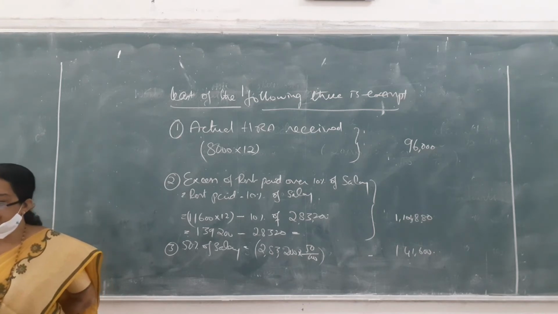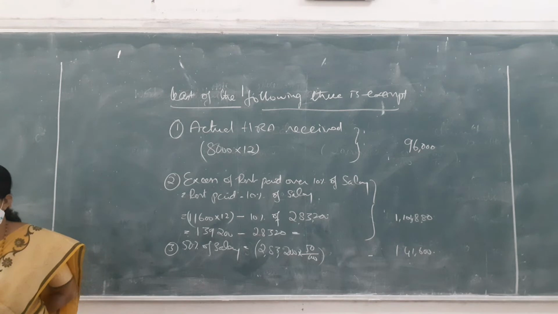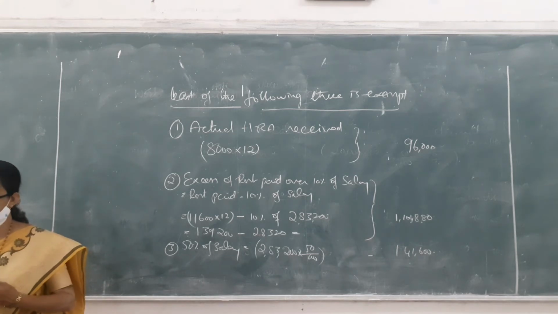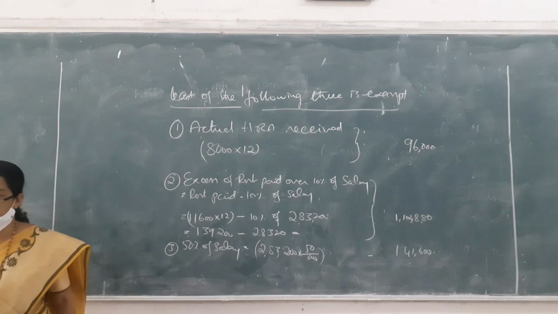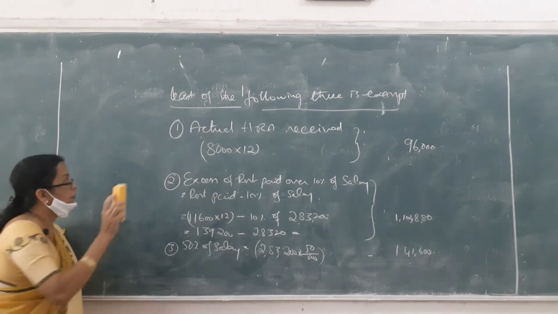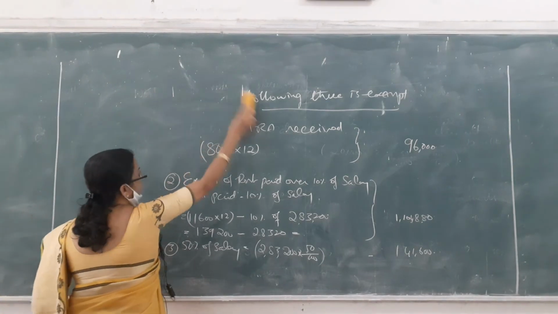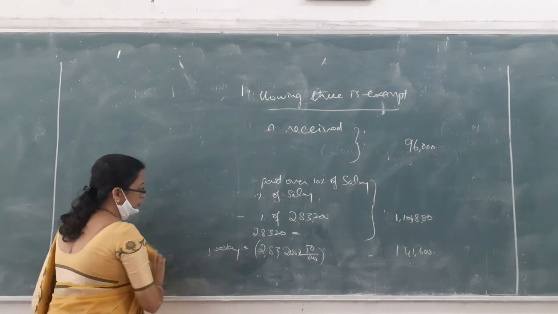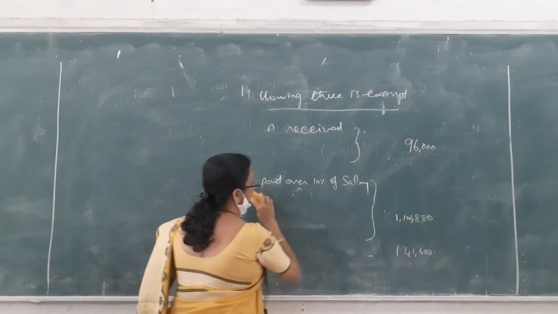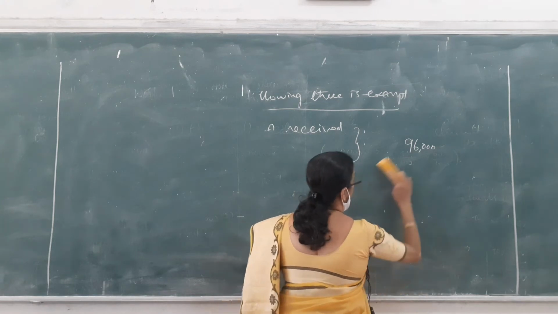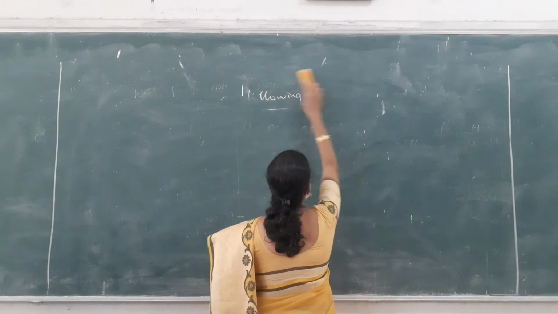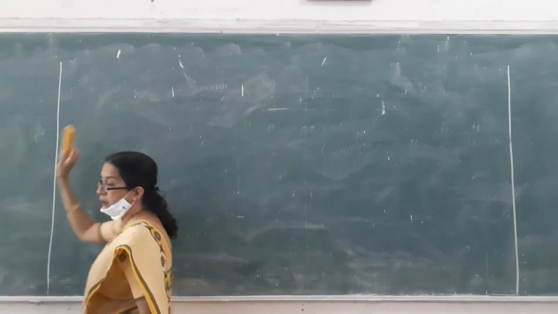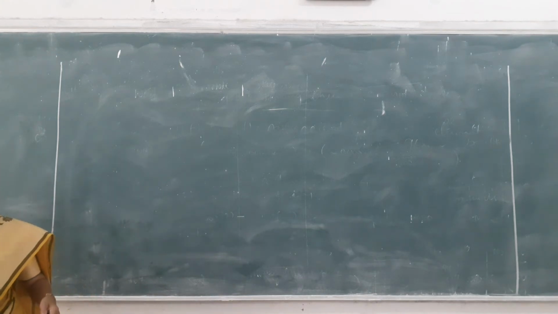First one, basic salary rupees 40,000 per month. Second one, DA rupees 32,000 per month.